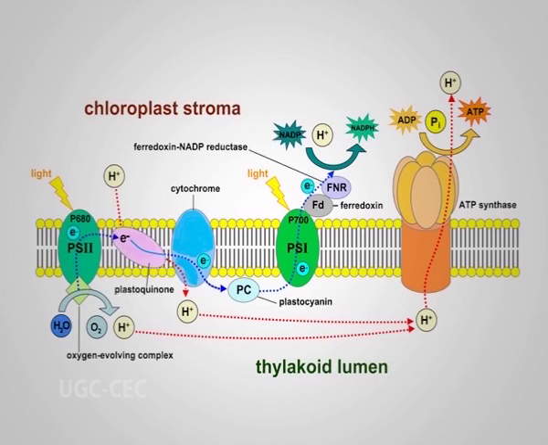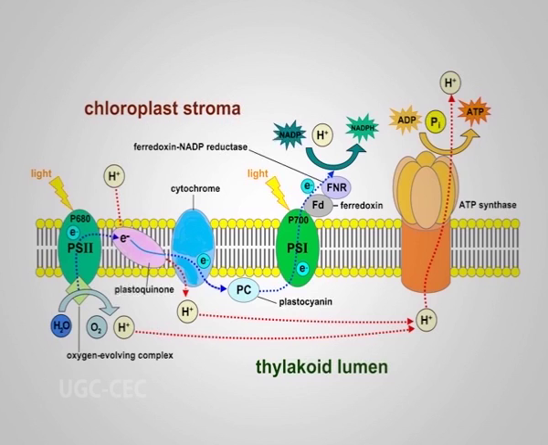In this process, electrons ejected by photosystem 1 can be passed from one of the iron-sulfur proteins to a B-type cytochrome and from there to a plastoquinone pool between the two photosystems. From the plastoquinone pool, electrons return to P700 via the B6F complex and plastocyanin, which is a water-soluble electron carrier.